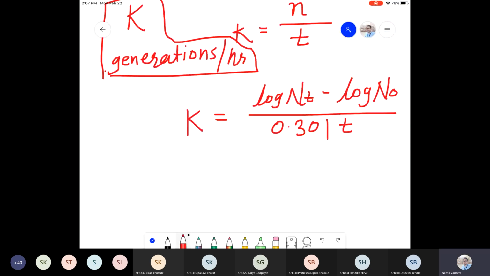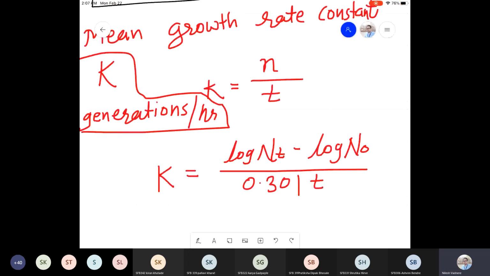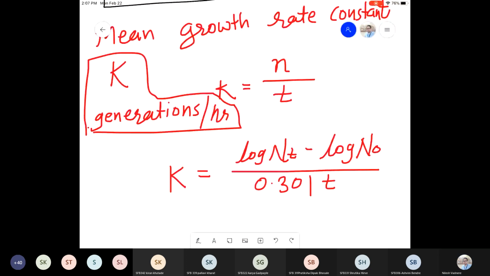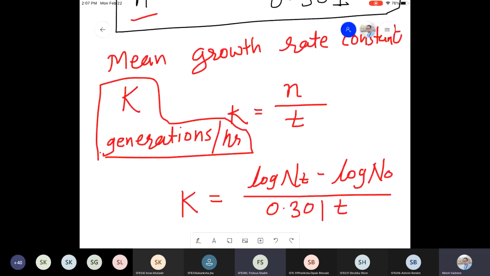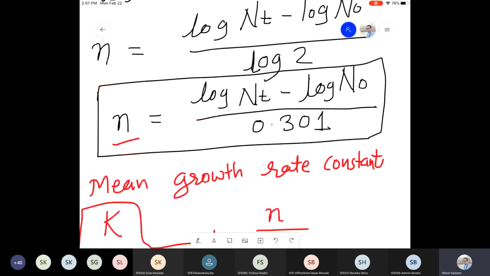Have you understood this generations per hour or mean growth rate constant? Yes, sir. Okay. Please repeat, sir. See, first we derived the equation for the number of generations, that is small n.